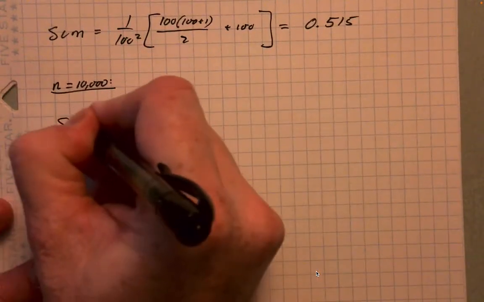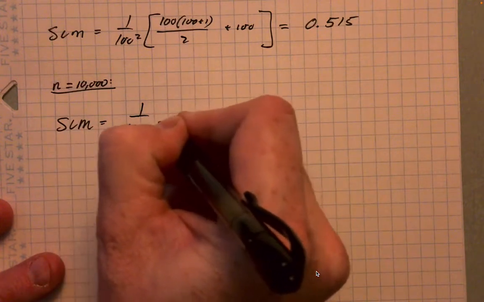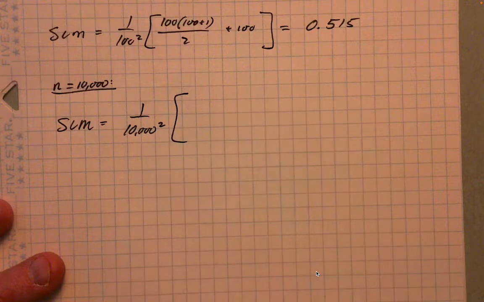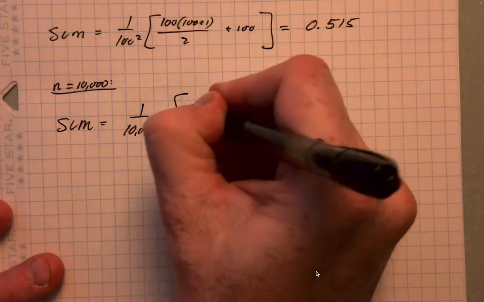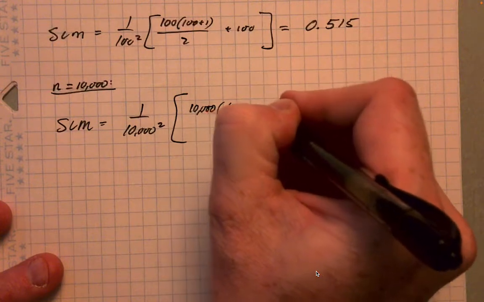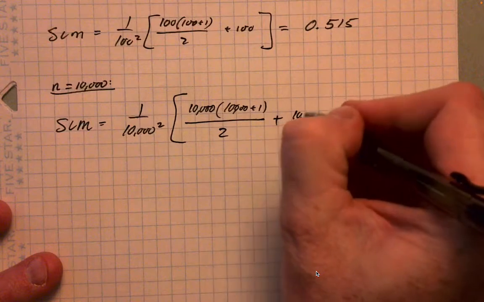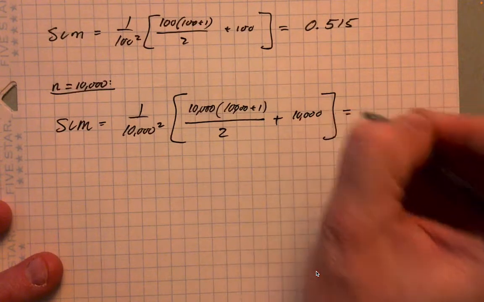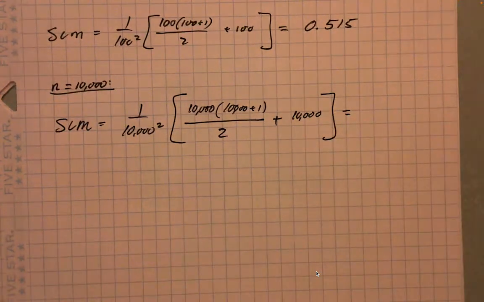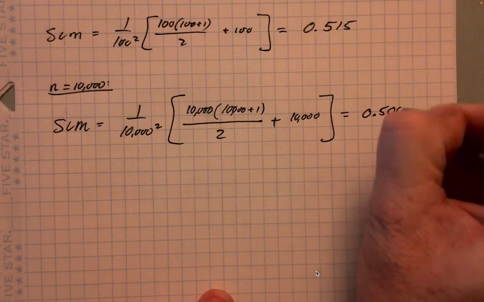So in this case, the sum is equal to 1 over 10,000 squared, times 10,000 times 10,000 plus 1, all divided by 2, plus 10,000. Okay, and when you crank these numbers out, you get 0.50015.